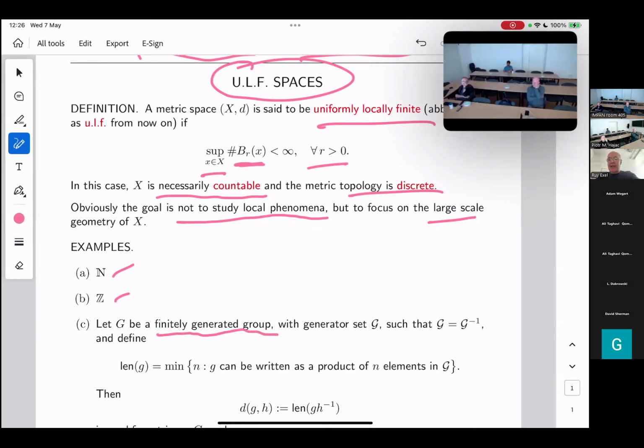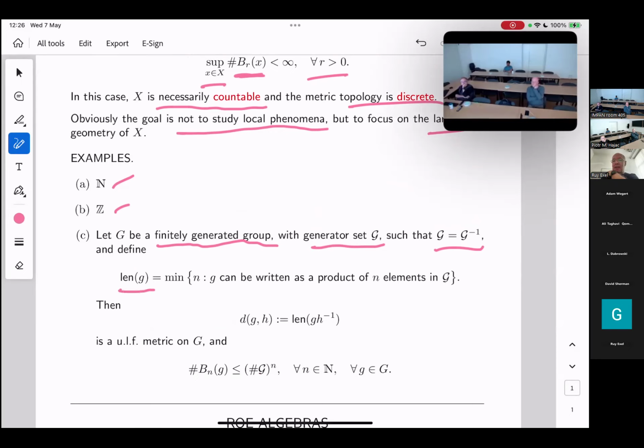If you fix a finitely generated group and a generator set, which to make it simple I'm going to assume is symmetric, then we can define the length of an element in the group to be the smallest number n such that your group element can be written as a product of n elements in G. With the length function, you define a metric, the distance between G and H, to be the length of G H inverse.